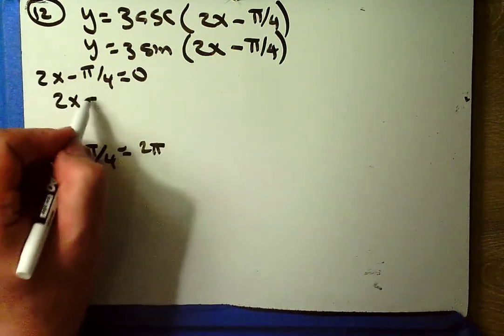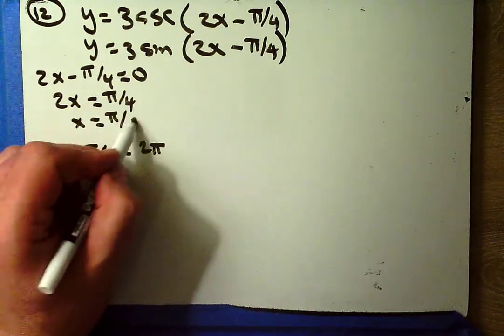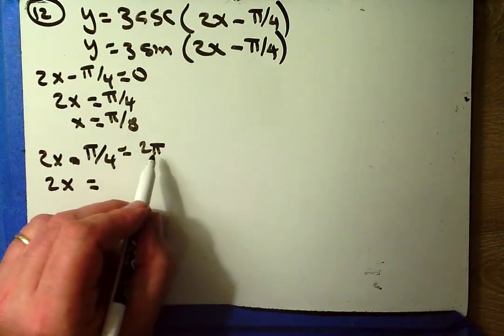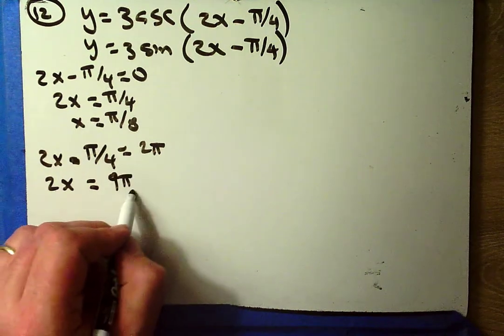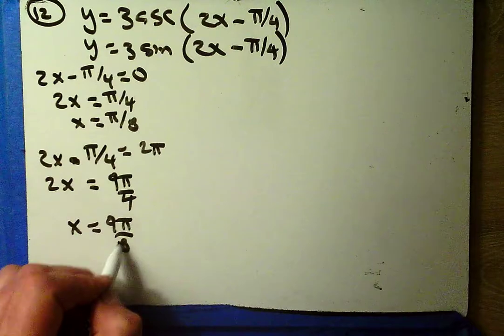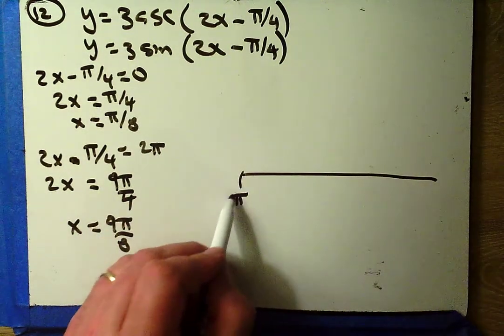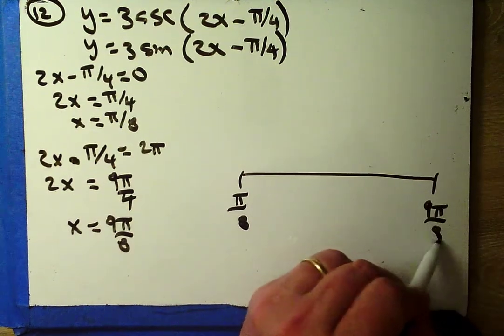I get 2x equals pi over 4, or x equals pi over 8, and 2x equals 8 pi over 4 plus 1 pi over 4 is 9 pi over 4, and so x equals 9 pi over 8. So I'm going to start with pi over 8 and end with 9 pi over 8.